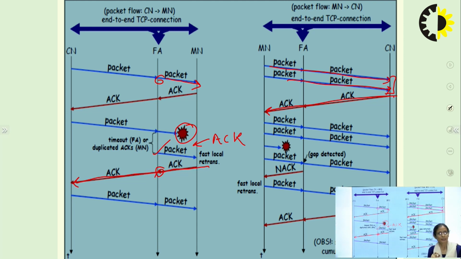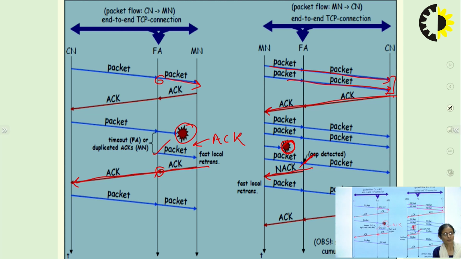Now what happens if the MN is sending the packet and this packet gets lost? A gap is detected by the FA and it will send the negative acknowledgement, that is NAK, information to the MN and also send which particular packet number has been lost.